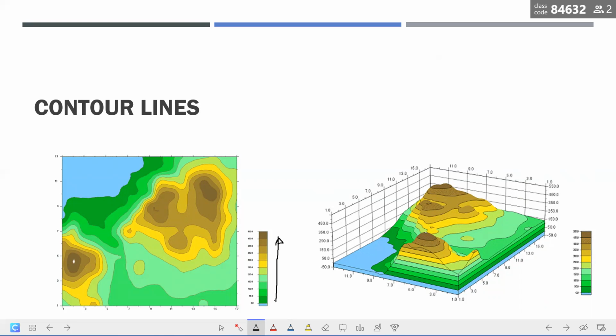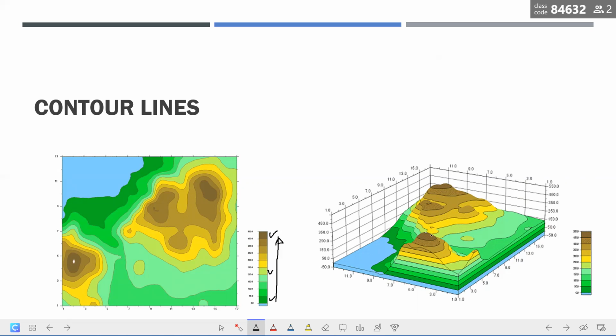So we normally use blue for the lowest elevation, the one closest to sea level, and then we gradually change the color to dark green, light green, yellow, and then subsequently brown to indicate the highest and lowest points within a site.